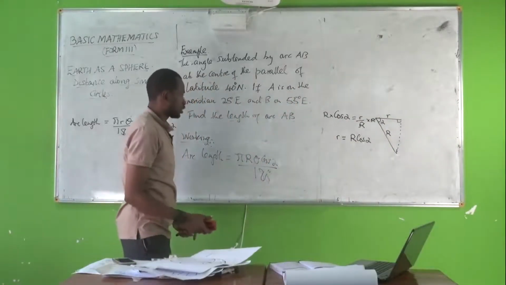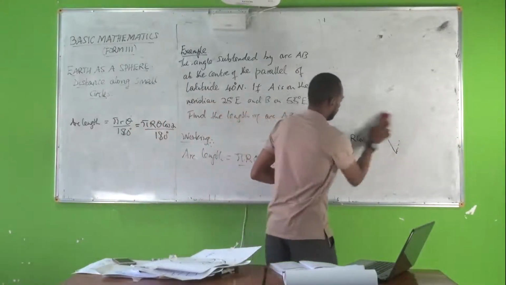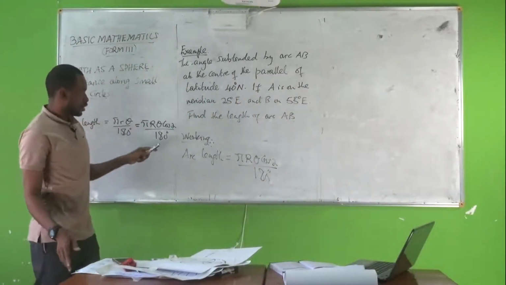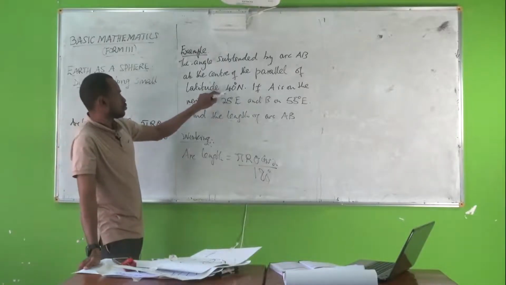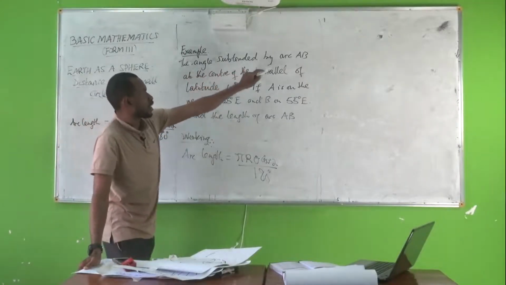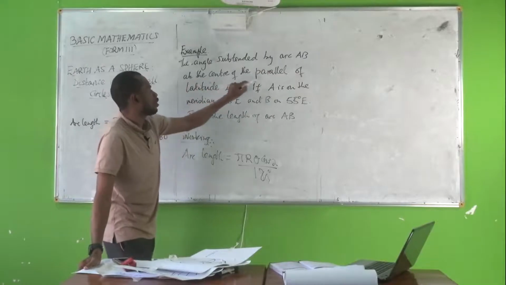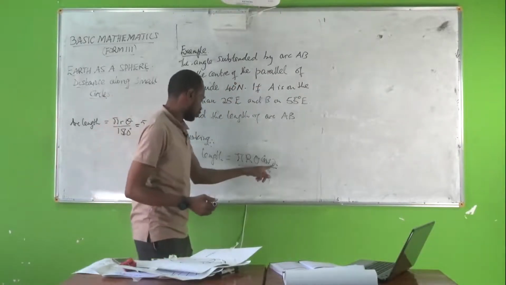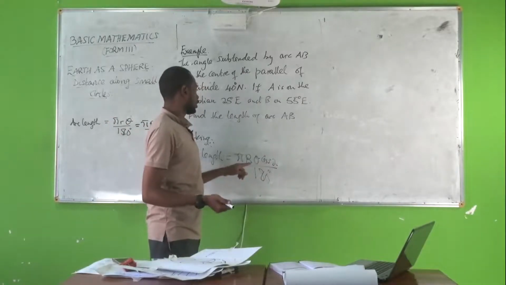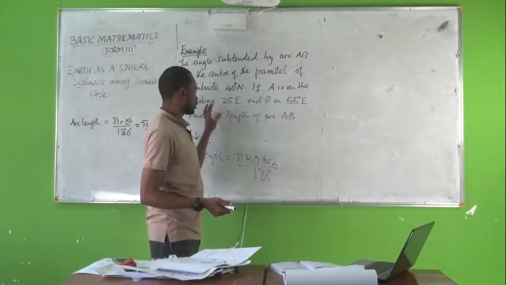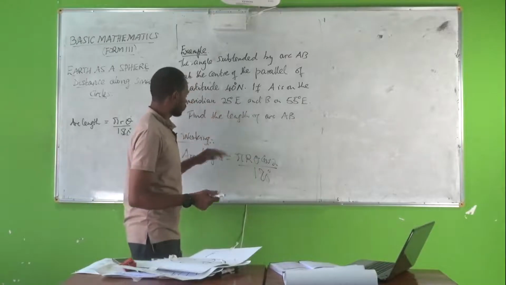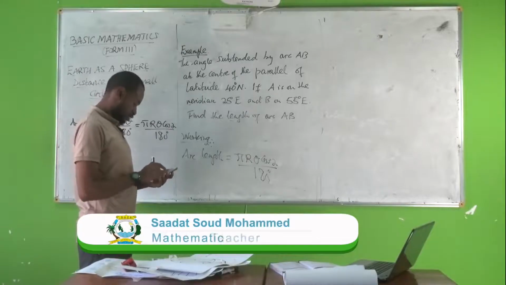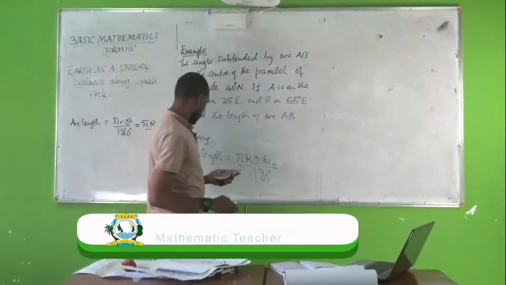Here we are given the angle alpha, which is 40, the angle subtended by arc AB at the center of the parallel of latitude 40. So our alpha is 40, and the angle theta here, we can get it from those two given meridians.